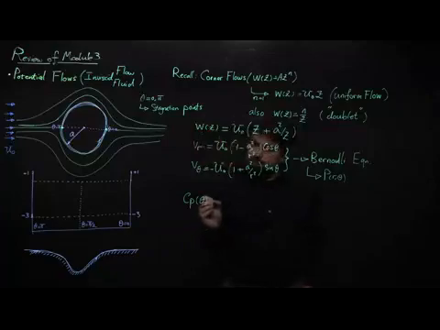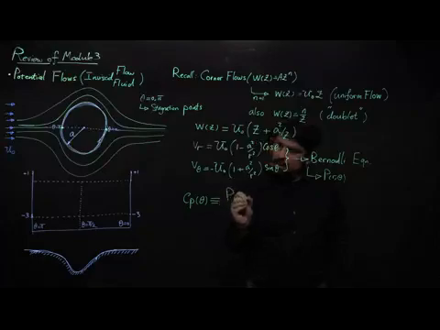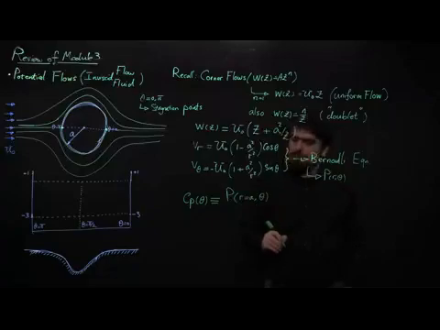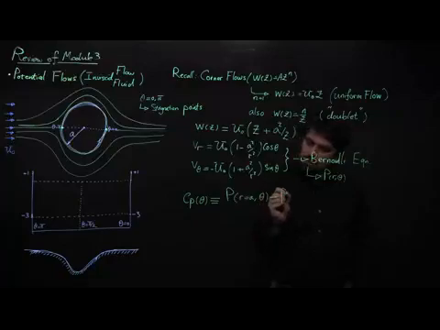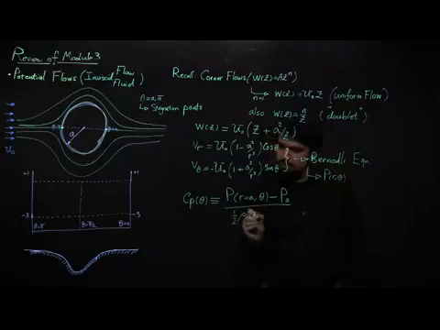We defined this pressure coefficient, Cp, as a function of theta on the cylinder, so where r is equal to a, as P of every point on the cylinder minus P ambient, divided by half of rho U0 squared.